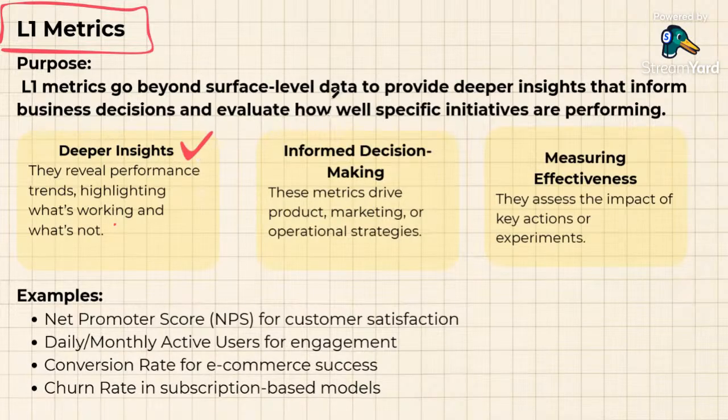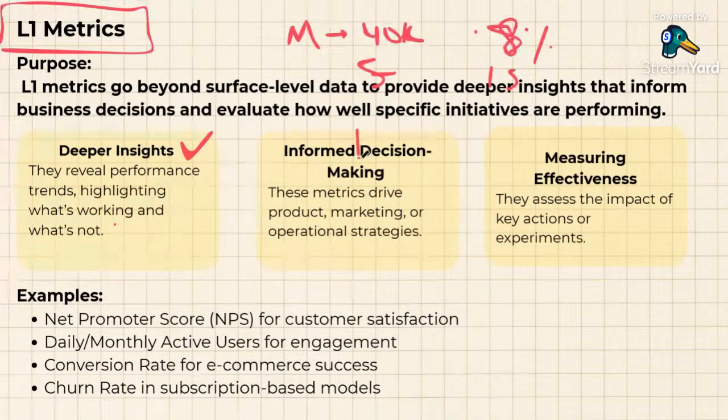For example, let's say a company's monthly ad expenditure on Google ads is 40,000 and they are able to generate 8% engagement. Similarly, they spend 50,000 on Instagram and get 15% engagement. And they are also on Facebook ads and generate 6% engagement.